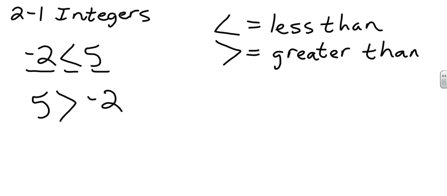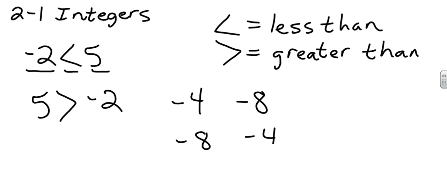How about, let's go over here, how about -4 and -8? Now, if this was +4 and +8, this would be really easy for us. But sometimes we get a little bit confused with it. Here's what I ask myself, I treat negatives as money. Which is worse, being $4 in the hole or being $8 in the hole?